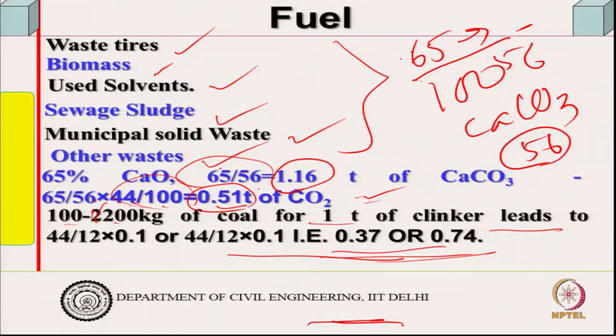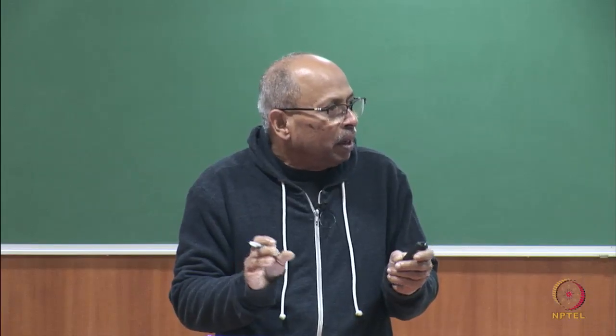But fuel also produces carbon dioxide, because you are assuming it is all carbon. So, 1 carbon produces CO2. Carbon 12 produces 44 carbon dioxide, that is, 12 units of mass of carbon will produce 44 units of mass of carbon dioxide.